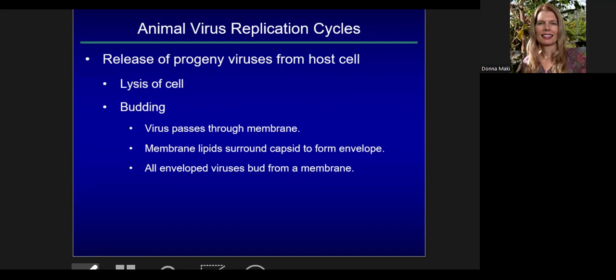So it might be from an internal organelle. It's not always the host cell membrane. It just depends which virus you're thinking of, which membrane material they're going to grab. But regardless, it is host membrane, and so it's a really nice way to hide yourself.